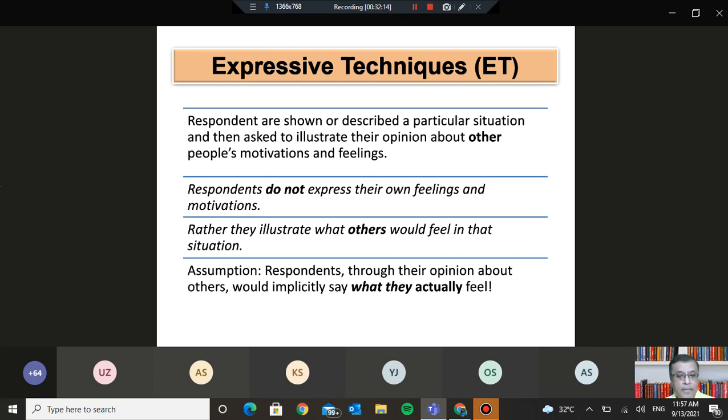Whatever respondents are sharing is basically their own opinion, but they are trying to project those responses onto others.